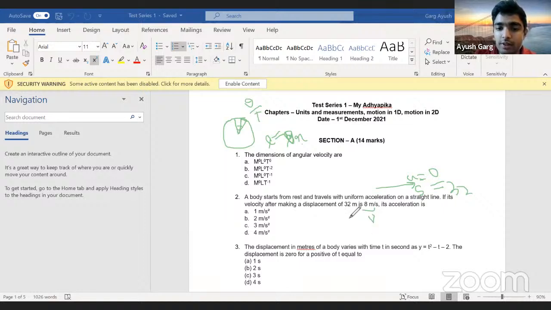So this is your v and this is your s. Okay, your u is 0. So when you know v, you know u, and you know s, then how can you calculate the acceleration? Think of an equation. You know the three equations of motion. Think of that equation which relates s, v, u, and a.